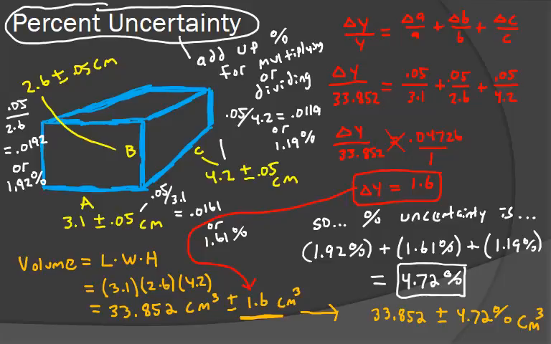Which really is actually just taking 1.6 divided by our original volume value. And so it's just a different way to do this. And either way is totally fine. It's just sometimes they're looking for percent uncertainty, sometimes absolute uncertainty. We need to be able to use both.